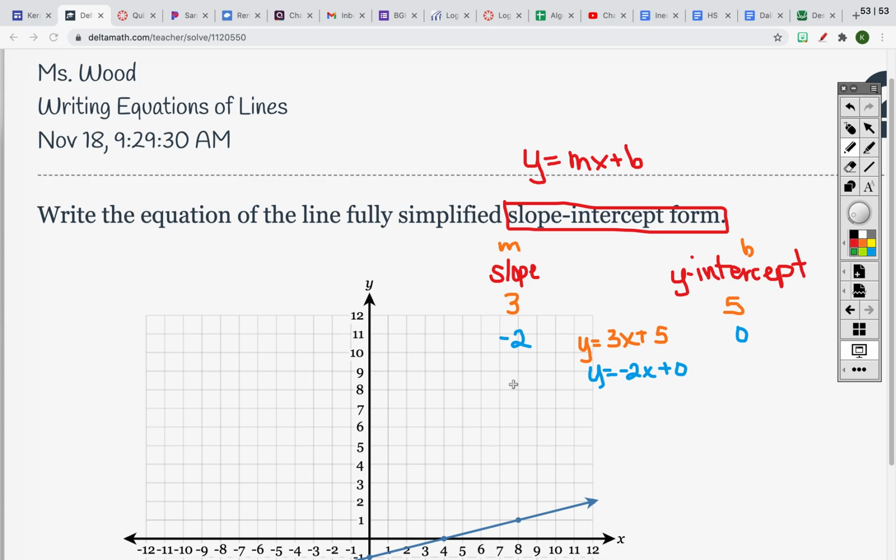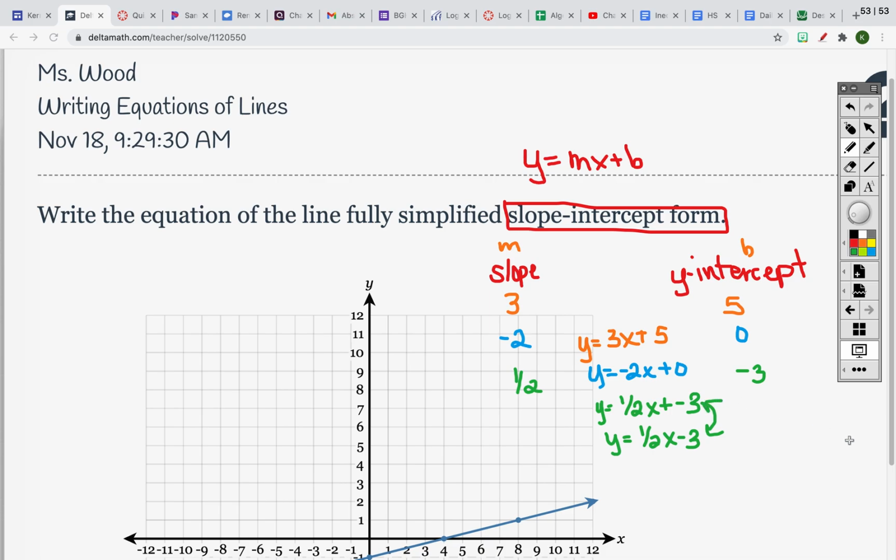If the slope is 1/2 and the y-intercept is -3, the equation becomes y equals 1/2 x plus a -3. Now, you could change this around to y equals 1/2 x minus 3. These are equivalent.